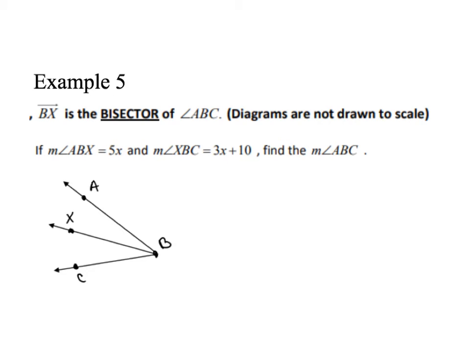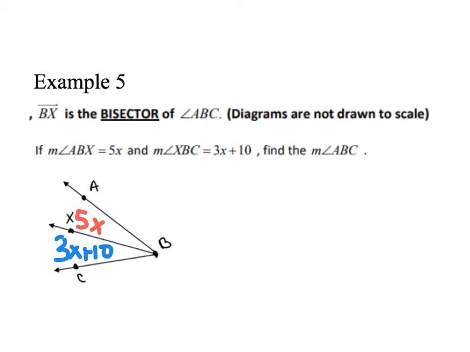So it says that ABX, this top angle up here, is 5x, so I'm going to label that in the picture. Then it says that XBC, which is the bottom angle, is 3x plus 10. Okay? It says to find the measure of angle ABC, which is the entire thing.